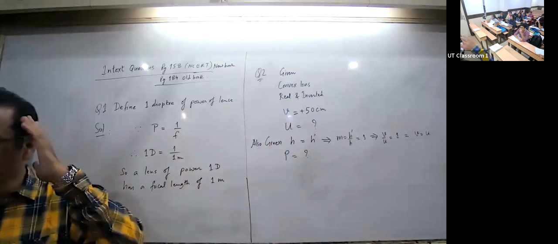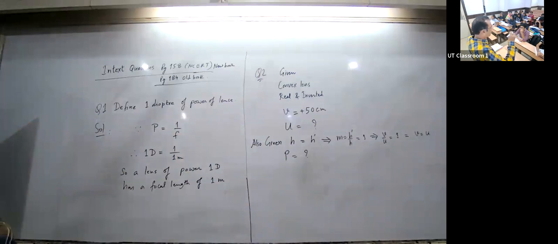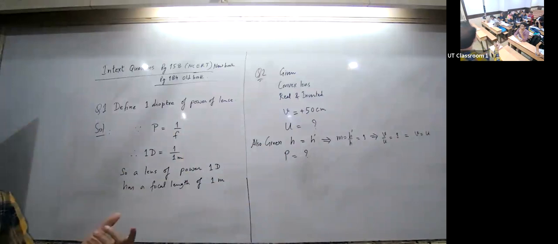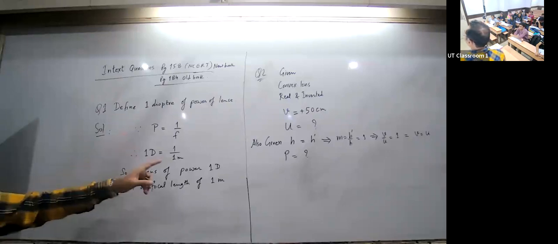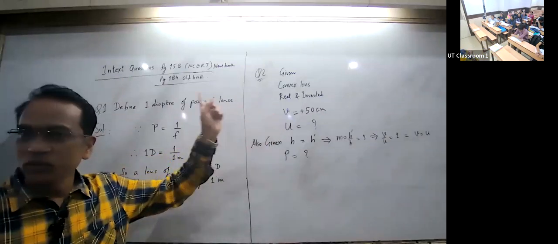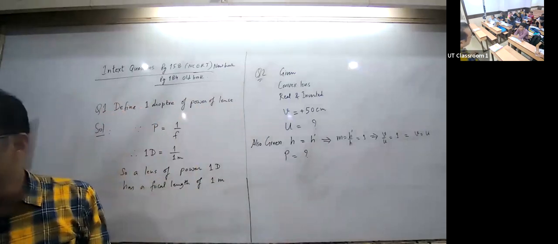So if you have clarity of the ray diagram in your mind, you can even without solving judge or predict the answer. So the answer should be u equal to minus 50 centimeter. This should be the answer, because where is the image obtained? At plus 50, right? So where should the u be? Minus 50. Is it clear?